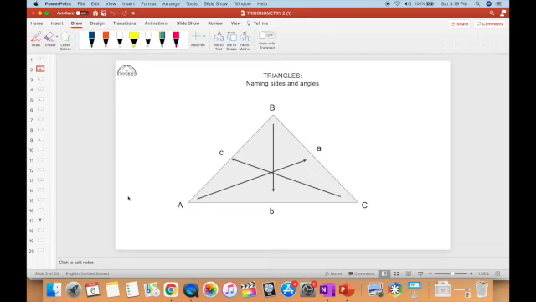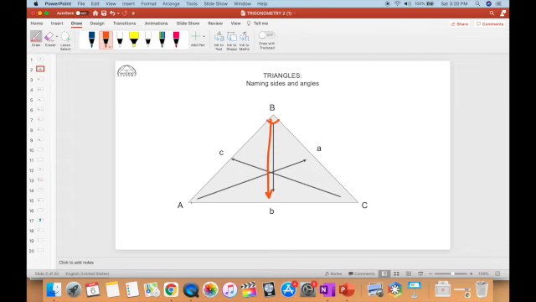So let's remember the elements of a triangle. The corners or the angles are named by the vertices in capital letters. If you see a capital letter B, they're talking about that corner B, with the angle B. Opposite the angle B, I will have the side b.